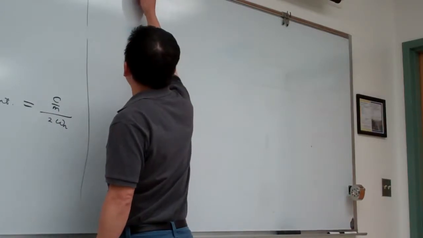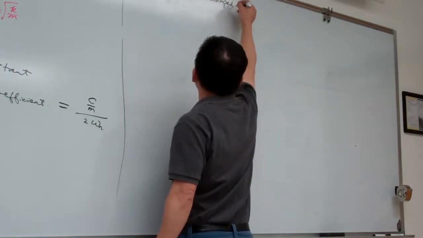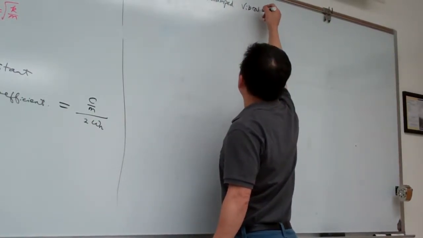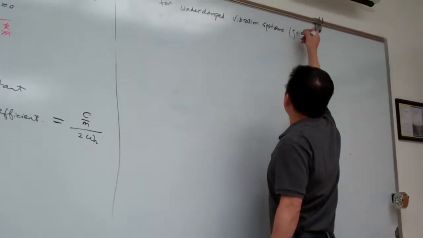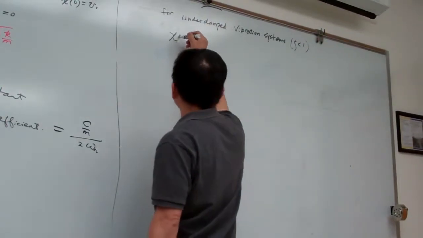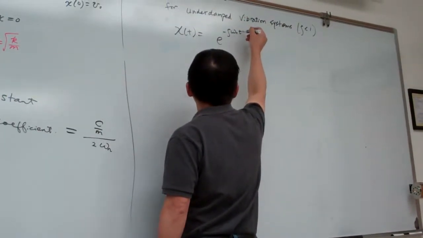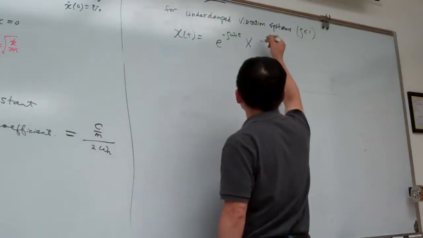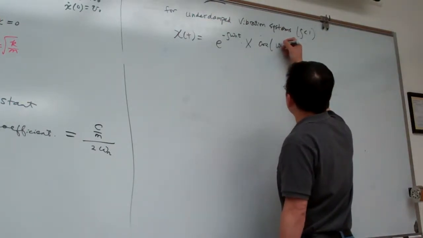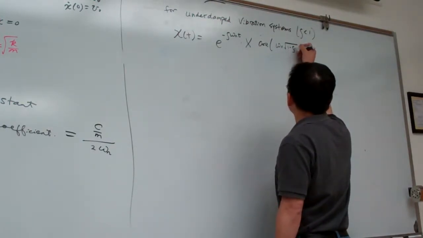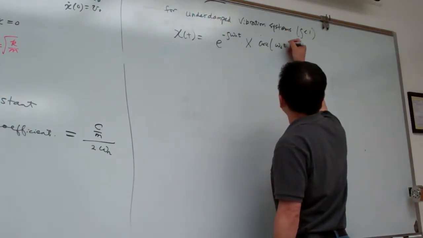So basically for underdamped vibration systems, damping ratio less than 1, we have the general solution like this: e to the minus zeta omega nt times X times cosine of omega d t minus phi, where omega d equals omega n times the square root of 1 minus zeta squared.